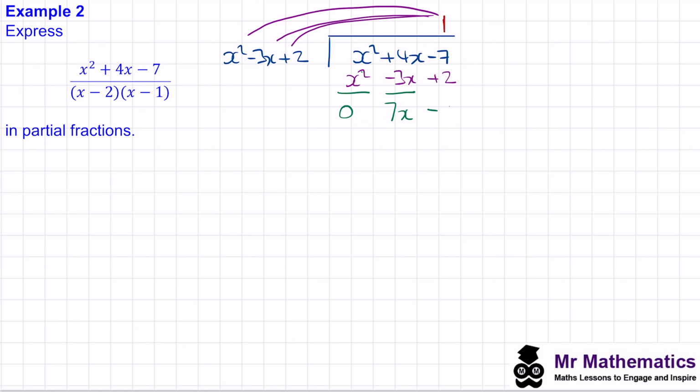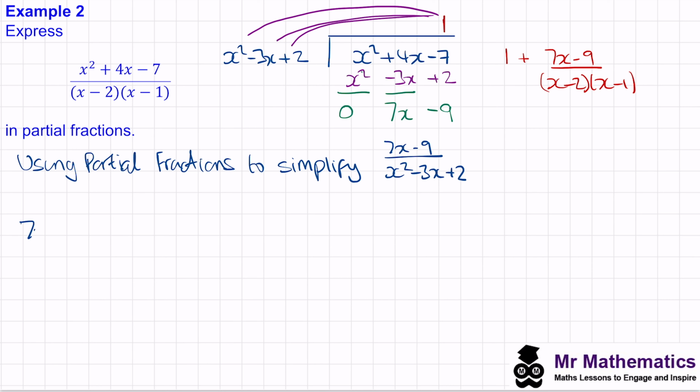So now we can write this as a mixed fraction, where we have our quotient of 1 plus the remainder of 7x minus 9 over the original divisor, x minus 2 and x minus 1. And now we can use partial fractions to simplify this fraction.